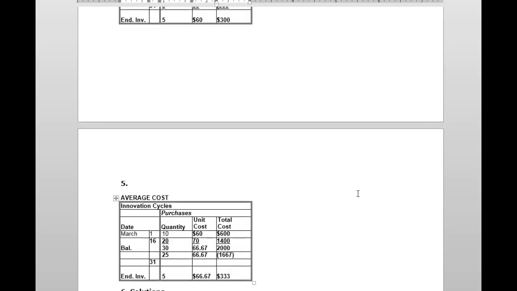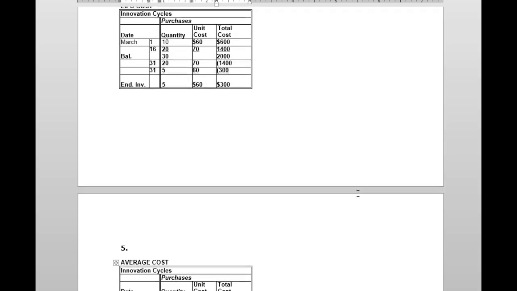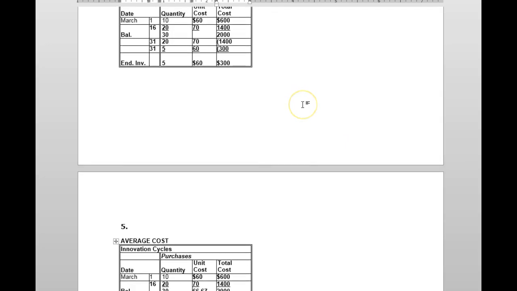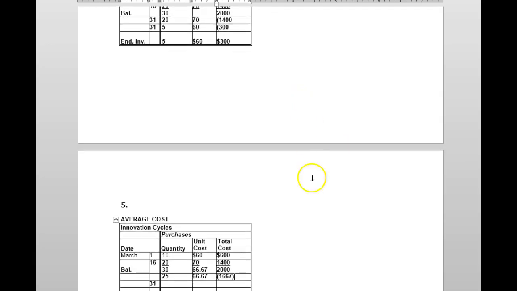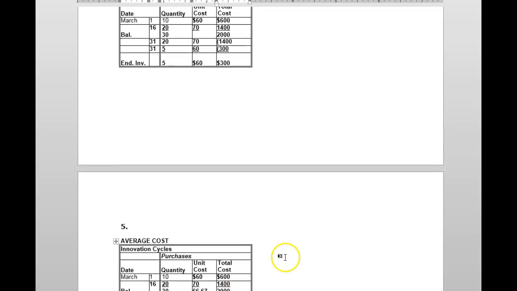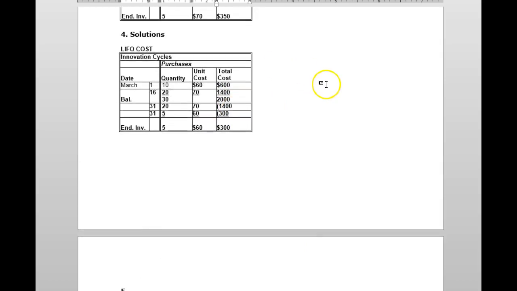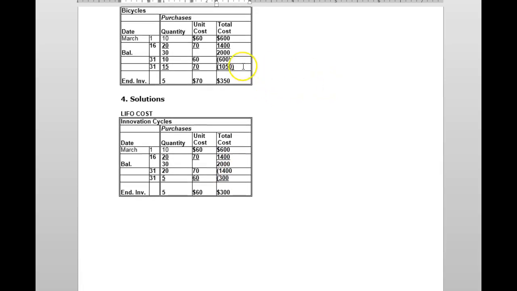Now, if you look at all three of these, there's a difference. Not much, because we're not dealing with a great deal of product here, but there's a difference. This has a cost of goods sold of $1,667. This one has a cost of goods sold of $1,700. And this one has a cost of goods sold of $1,650.